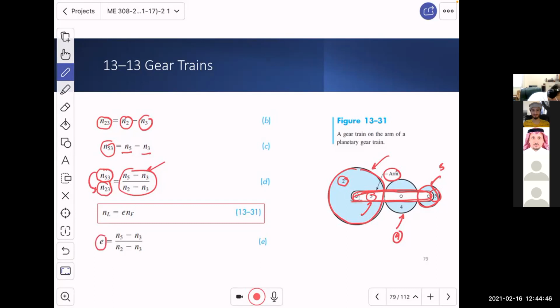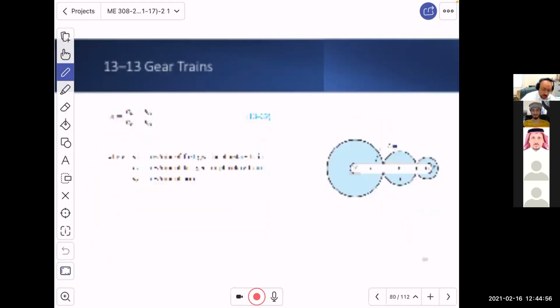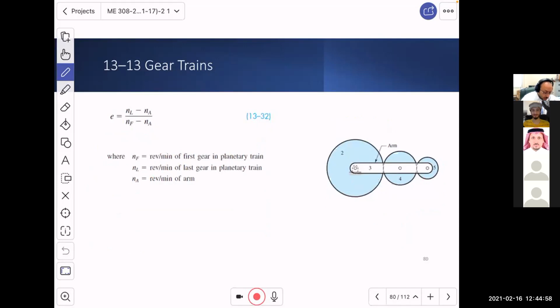So which means that we can have e over here, which is equal to N5 minus N3 divided by N2 minus N3. Now we know that N5 is the last gear over here. This is the last one.